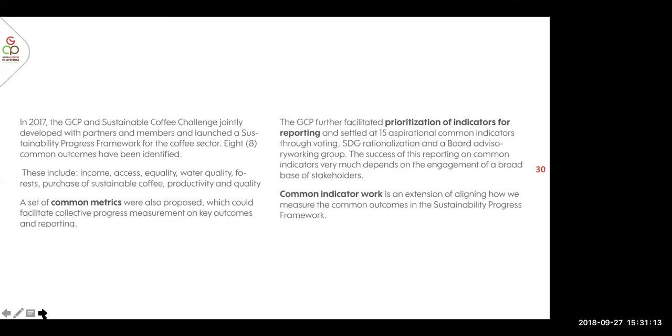A lot of this, being multi-stakeholder, involves a bit of voting, but also trying to rationalize these with the discussions that are ongoing on sustainable development goals. So the common indicator work is an extension of trying to align how we measure the common outcomes in the sustainability progress framework.